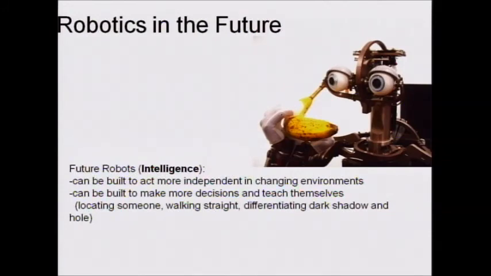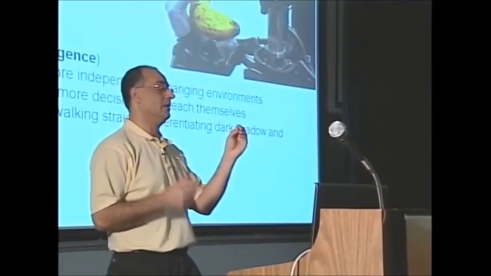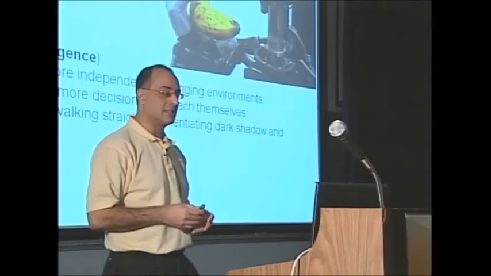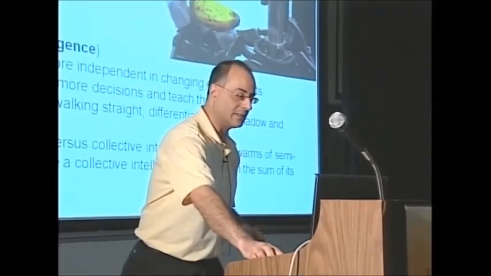I can distinguish so easily between a shadow and a hole. The best robots in the best laboratories in the world still lack this type of task, which we feel is simple. So there are many areas that we can work on.